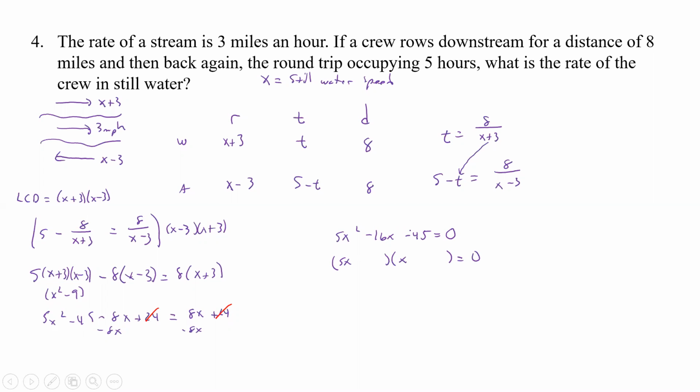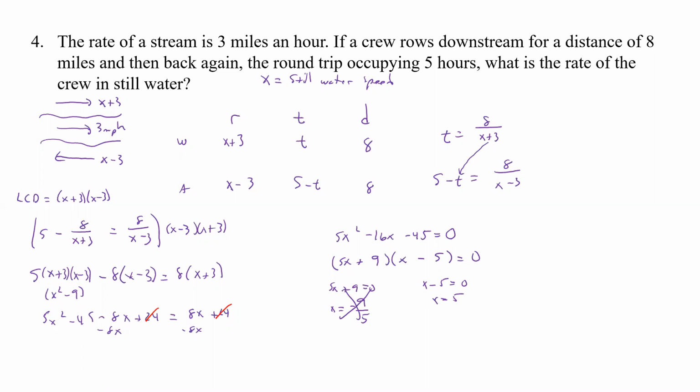And with 45, that's 9 times 5. Usually when we have nothing in common, we can't have the 5 here, so that means the 9 has to be there. So does that work? 25 minus 9 would be 16, so we need that negative, that positive. And so 5x plus 9 equals 0, and x minus 5 equals 0. So x is equal to 5, and x equals negative 9 over 5.